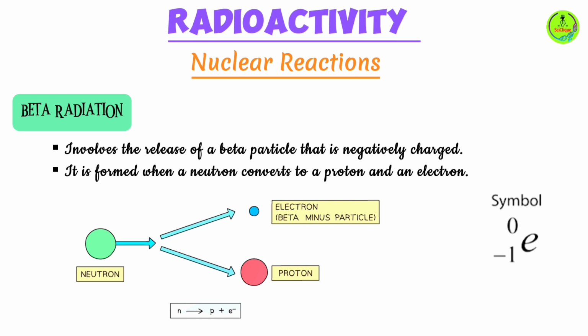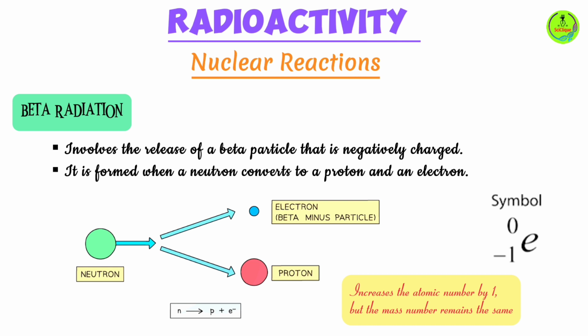The proton remains within the nucleus, but the electron is emitted, and this is going to be in form of the beta particle. Now, this has a negative charge of 1. So that does not actually represent the atomic number. It represents the charge of this particle. Now, when it comes to the beta radiation, it changes the atomic number but does not have any effect on the mass number.